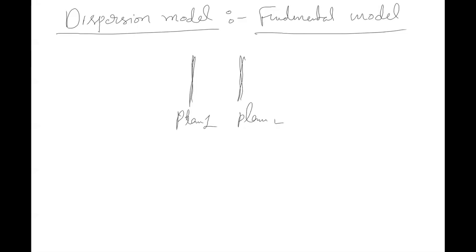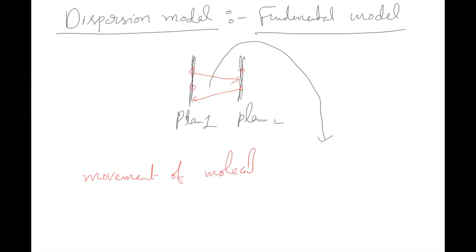The molecules from here can go to this plane, and the molecules can come to this plane. This movement of the molecules is characterized by D, which is called the dispersion coefficient.